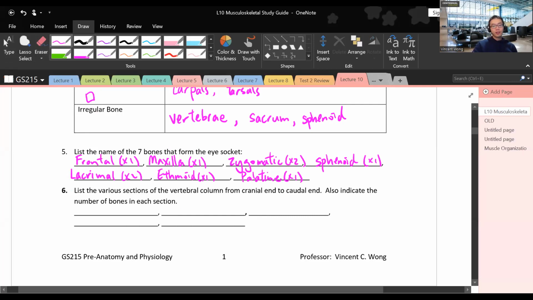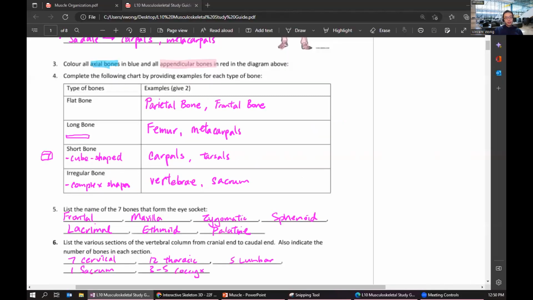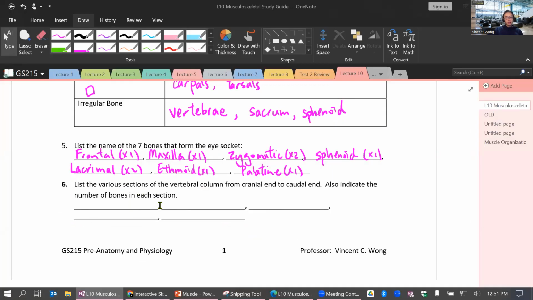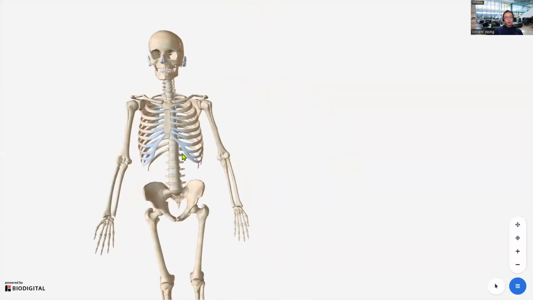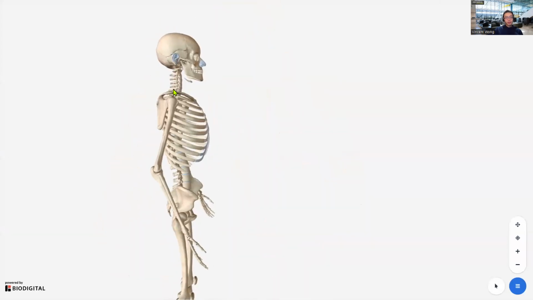Various sections of the vertebral column. So if I go back to the model here, right? This is the vertebral column, at the back. Let me just delete some of these things that we don't need.